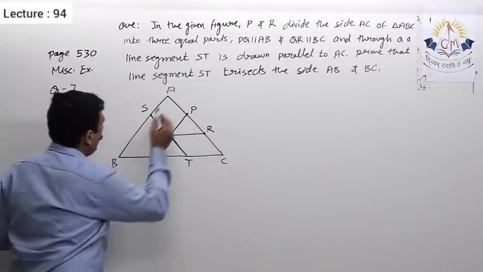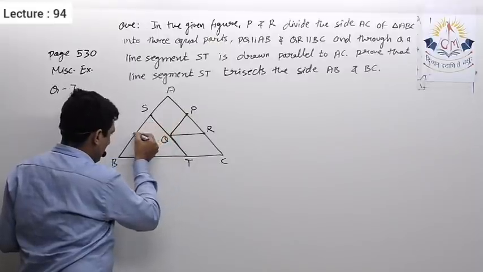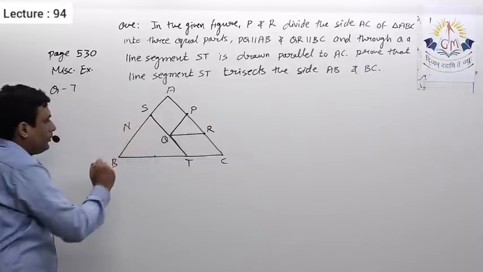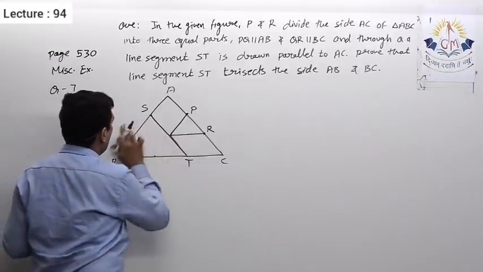That means we have to prove AS equal to SN equal to NB, suppose I'm taking a point N, whatever, that you have to prove.